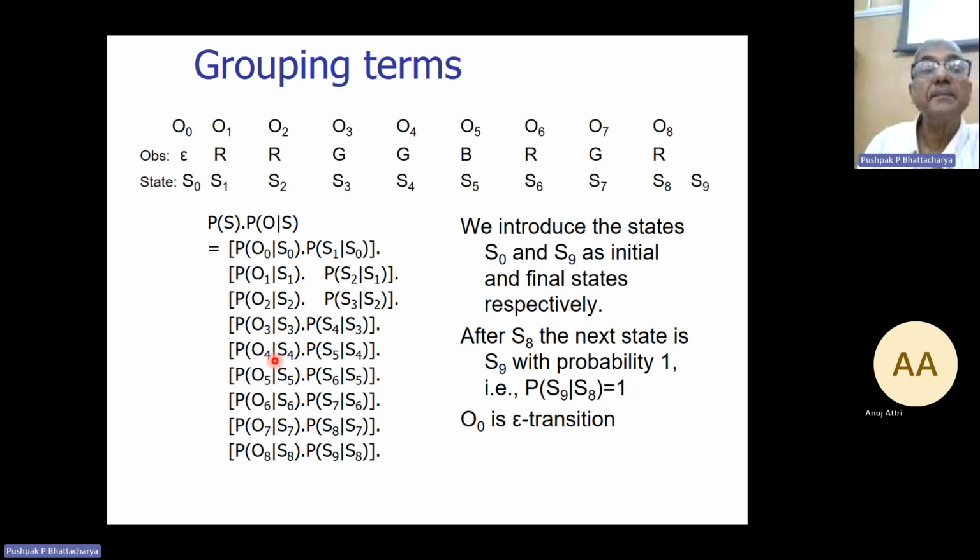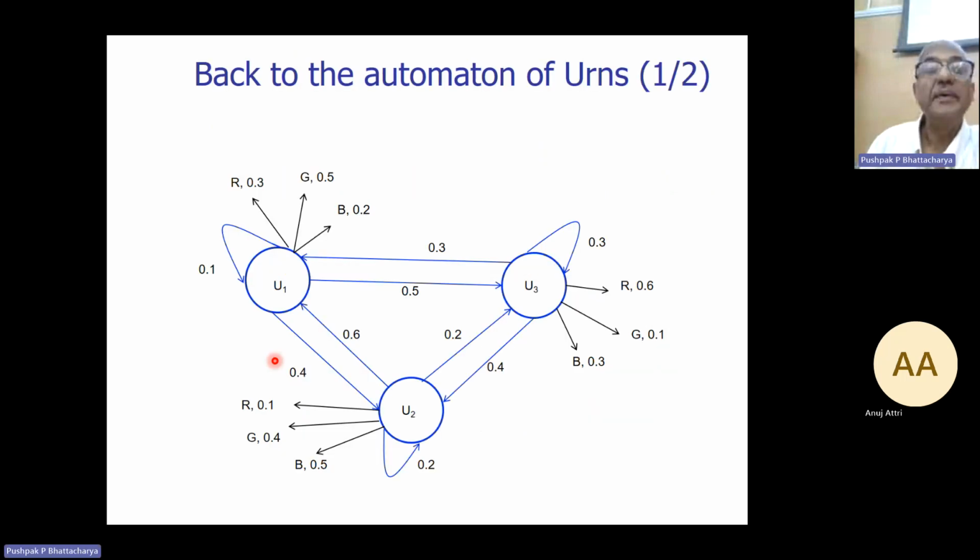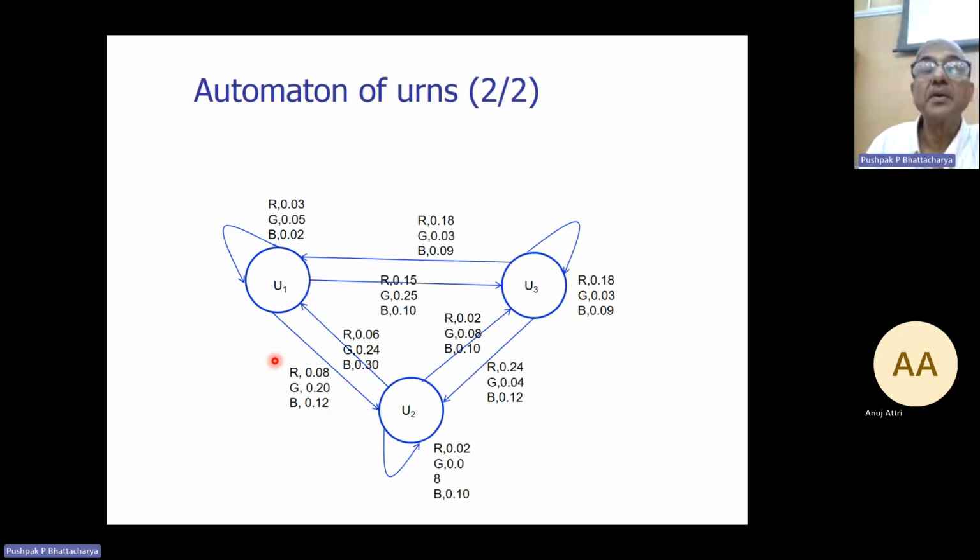After we group them, we have another equivalent automaton. This arc is now given a different meaning. This arc is probability of U1 given U1, the next state is also U1, and multiplied by probability of R given U1.